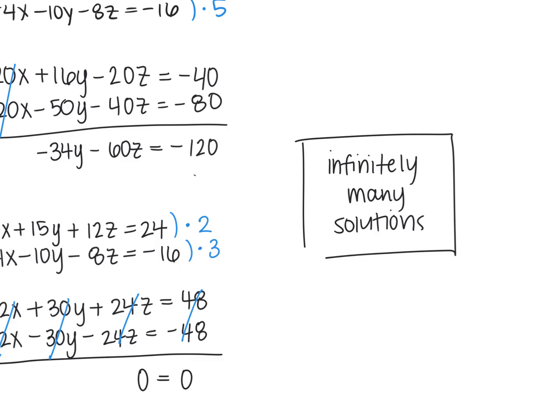The nice thing is infinitely many solutions or even no solution are going to occur in that first step of solving systems of three equations. So if you get no solution in one of your pairs of equations, when you eliminate, all of the variables will still cancel, but you'll be left with a false statement like 0 equals 2, 0 equals negative 5, whatever, 0 on one side, a number on the other, which would mean no solution.